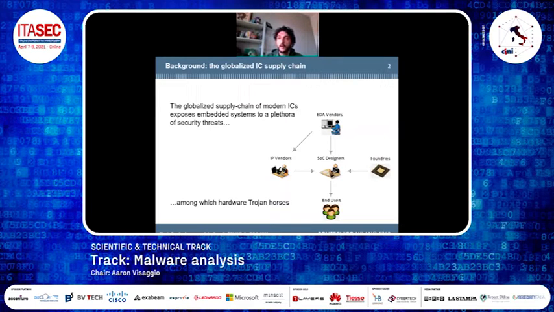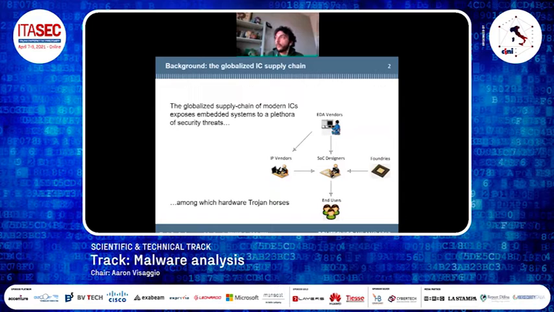So there is a plethora of agents that cooperate in the design and fabrication of an integrated circuit. Of course, this distribution of the design process brought a dramatic decrease of the design time and cost, but also introduced possible threats in the design of integrated circuits. One of these threats is the hardware Trojan.